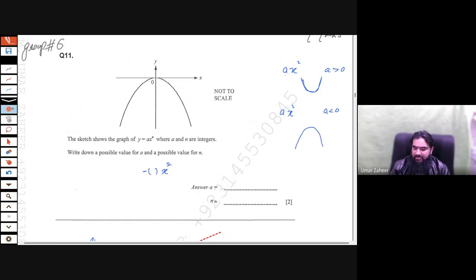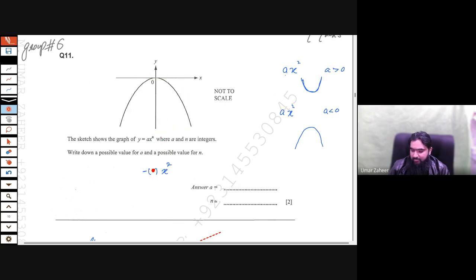However, just remember that if the coefficient of x squared is greater than 0, it is a U-shaped parabola. If it is less than 0, it is upside down. So this is upside down. The shape shows that it is x squared. It is upside down, which shows that it's negative.